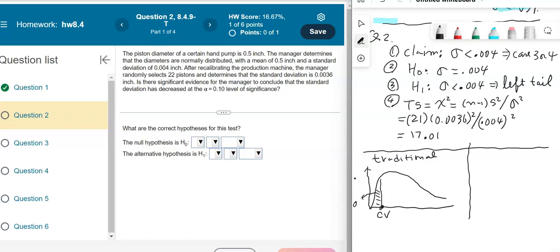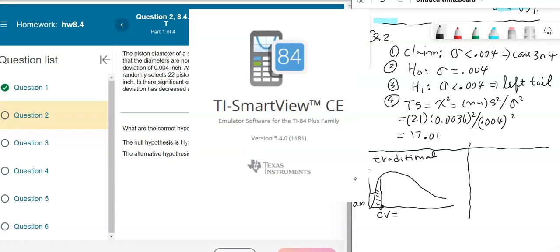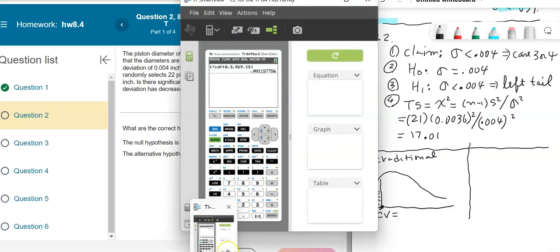So how do we find this critical value? You go to the calculator that I asked you to install, go to program, and do you see number 1, inverse chi?